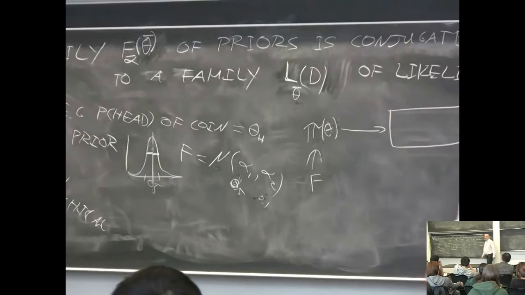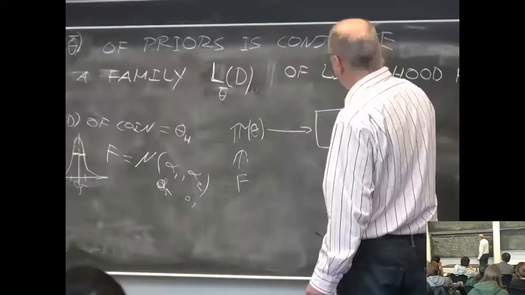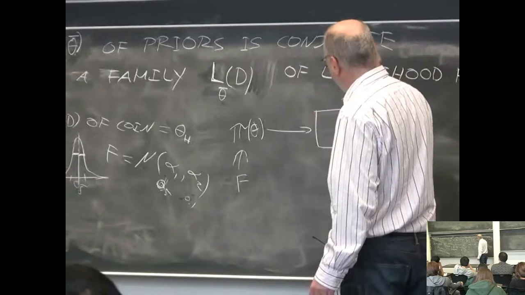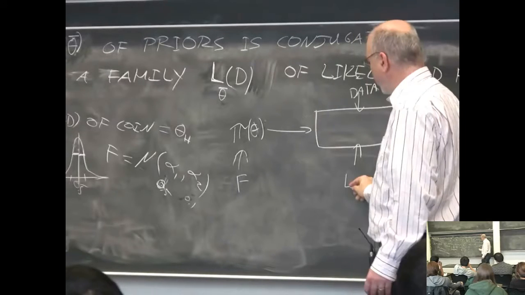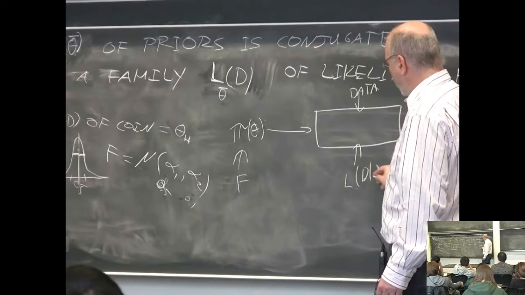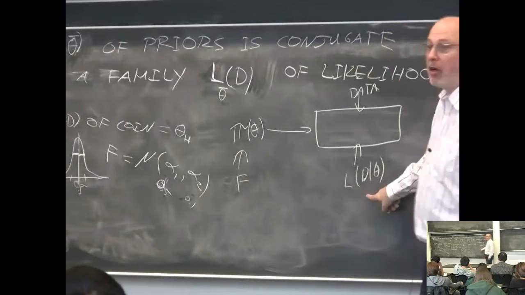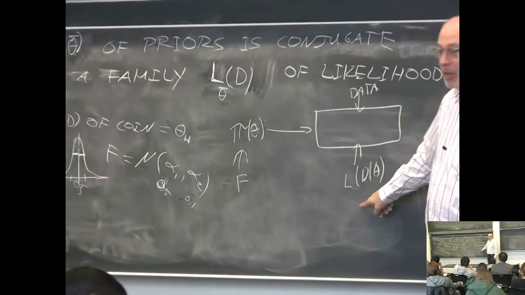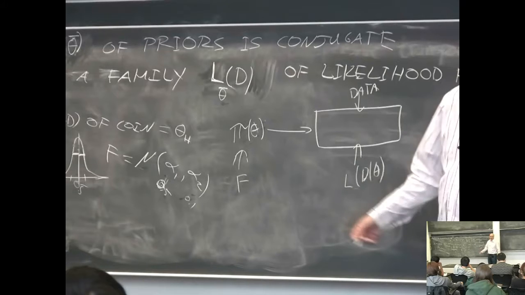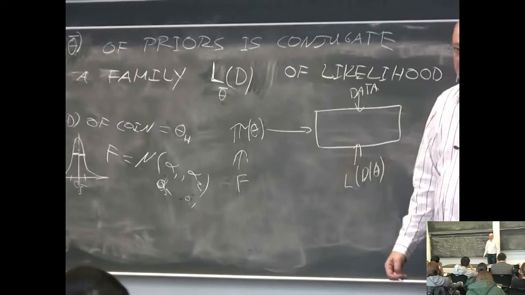And do you remember what else comes into the Bayes engine? First you have data coming in, and then there's a particular likelihood function. And the likelihood function you can think of, it's not one particular function because it depends on the theta, it's a family of functions. The binomial distribution is a family because it depends on the probability of head.